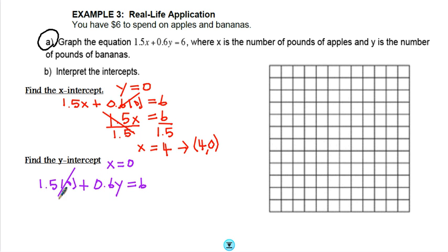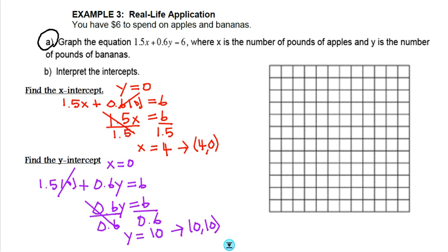This cancels. 0.6y is 6. Divide both sides by 0.6 to get y by itself. 6 divided by 0.6. Put that in the calculator, and that gives you 10. So your y-intercept is 10, and how do you write that as a point? That's 0, 10.